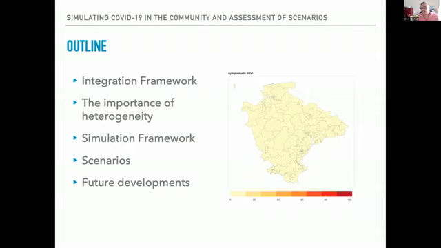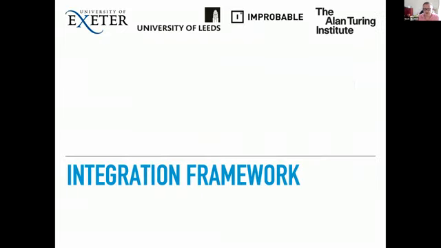We've got different models for those 3 components, which we brought together in an integration framework, which I'll briefly describe. I'll then talk about the importance of heterogeneity, which is largely difference in vulnerability and exposure across the population. Something about the technical details of the simulation framework, some example scenarios where we've used it, and then, if I get time, which I suspect I won't, some ideas for future development.